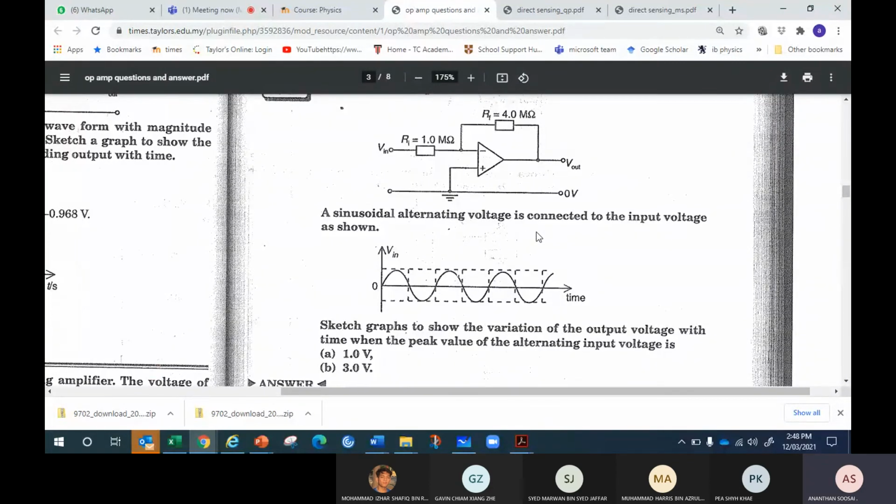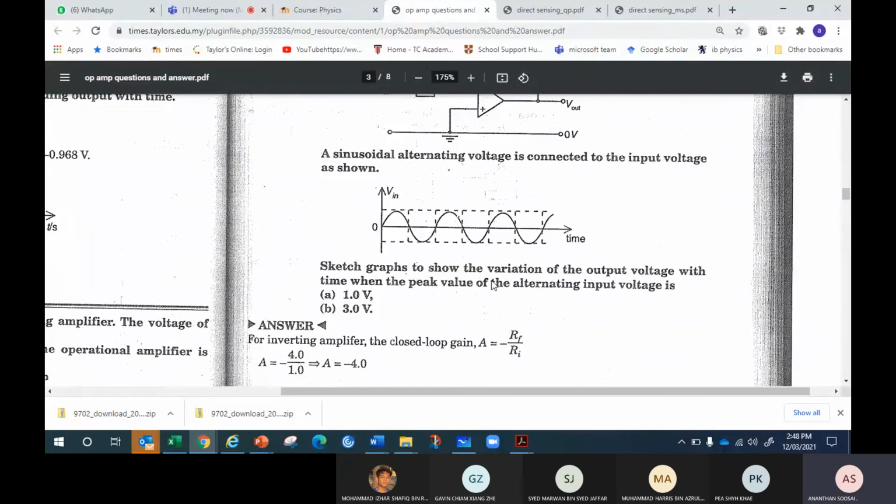The alternating voltage is connected to the input as shown; the input voltage is a sinusoidal input, positive and negative. Sketch a graph to show the variation of the output voltage with time. The peak value of the alternating input voltage is 1 volt. How is the output going to look?